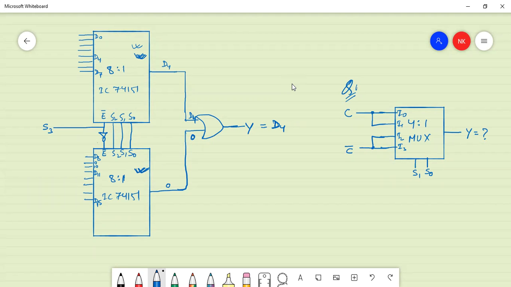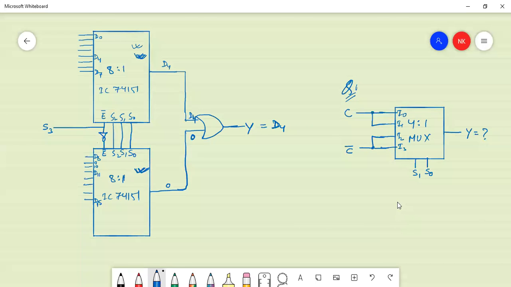How will you proceed? From this block diagram, you have to go through the expression.